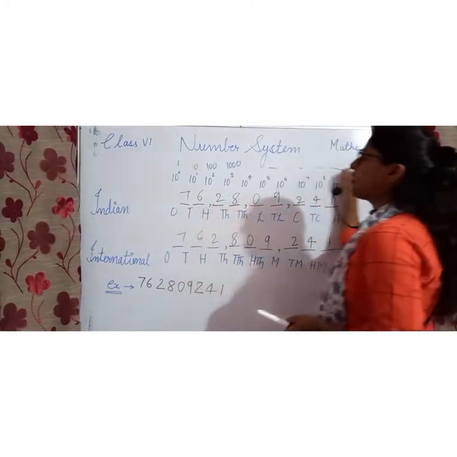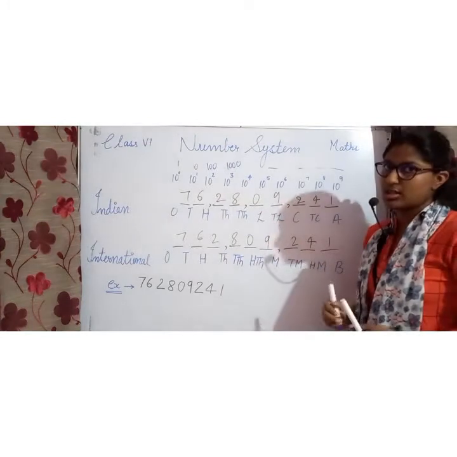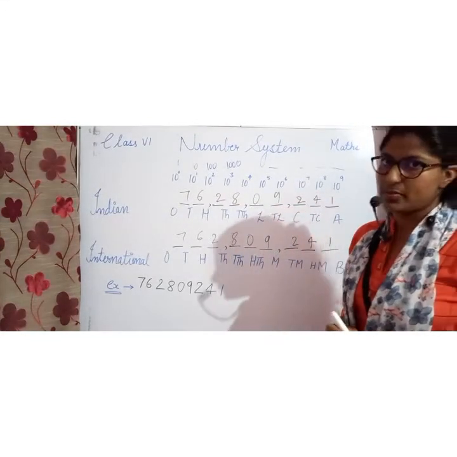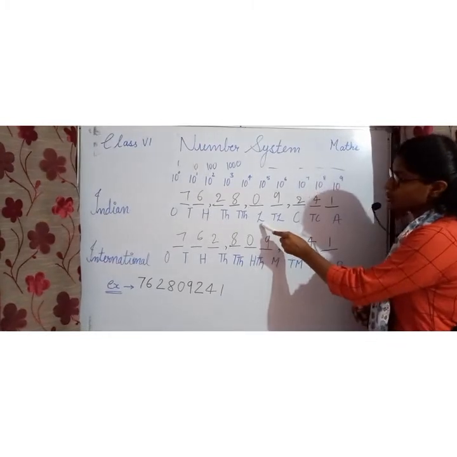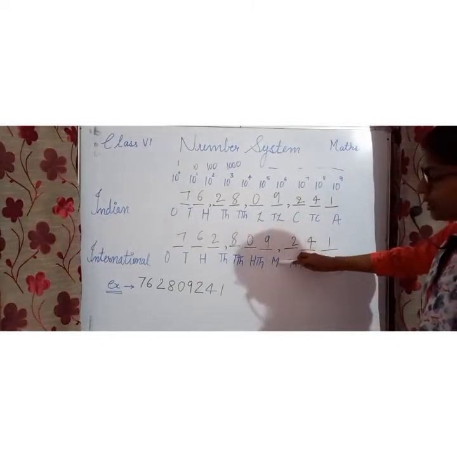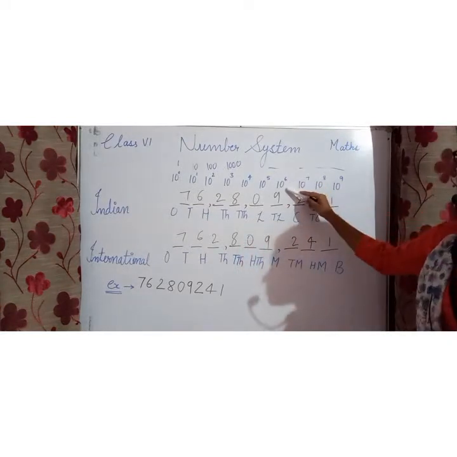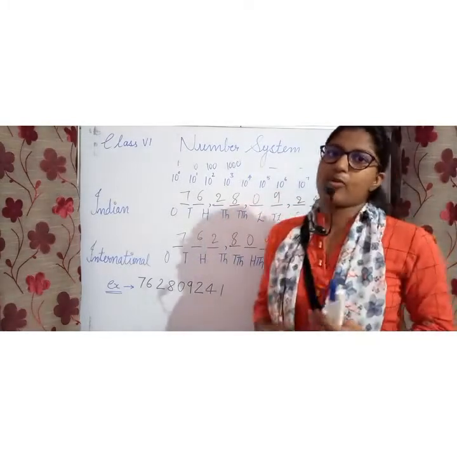You can write in this way. The power mentioned here is the number of zeros. Now, if my question is, in 1 lakh, how many zeros you have? Your answer is 5 zeros. In 1 million, how many zeros you have? Your answer is 6. Okay, so in this way you can find the answers to this type of questions also.